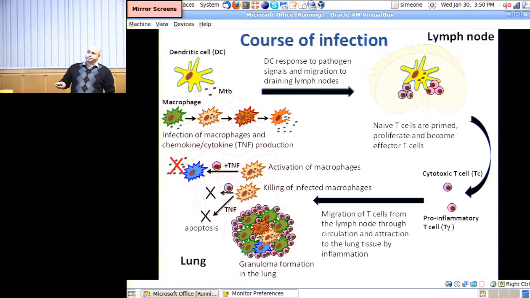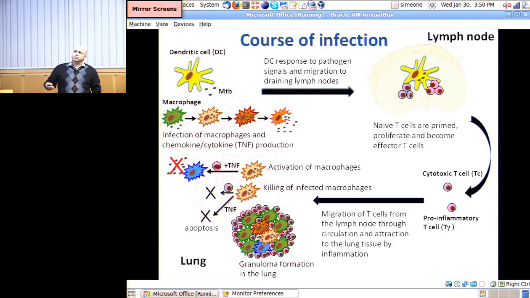And so the granuloma, in a way, physically constrains and immunologically restrains the bacterial growth. It's beneficial to the host, but also to the bug. And we don't know that much about how it forms and all the mechanisms of its development and maintenance.